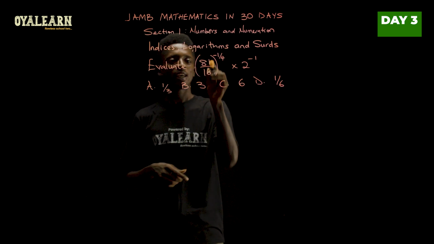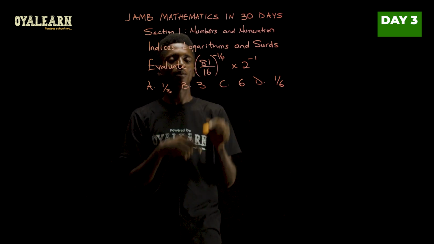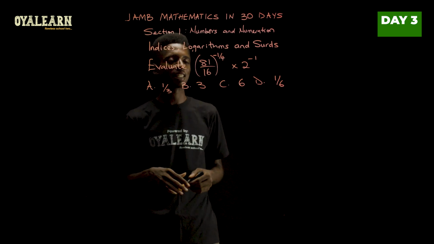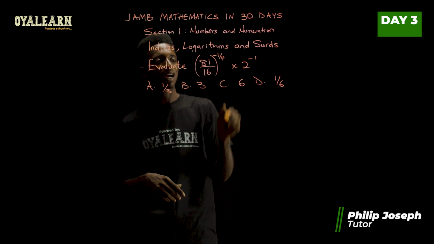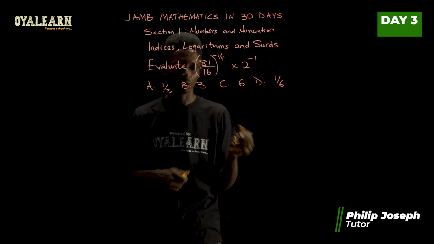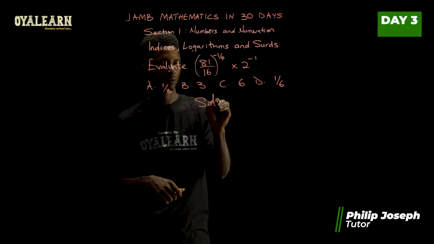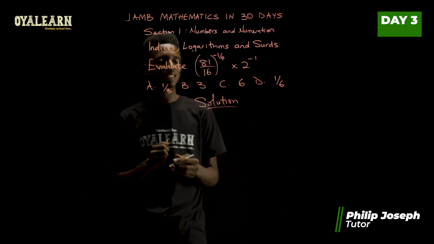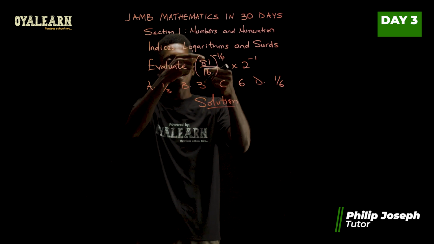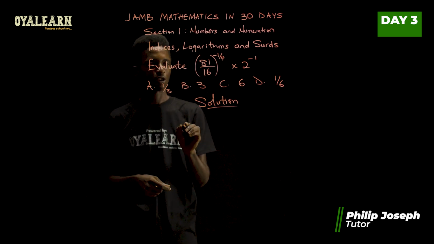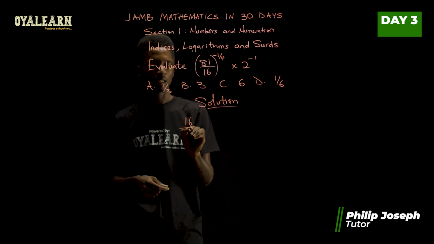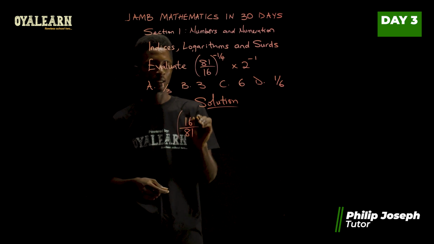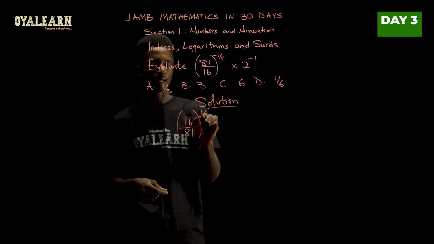Let's evaluate 81 over 16 all in bracket with the power of negative 1 over 4 multiplied by 2 with the power of negative 1. Now, we can convert this negative index to positive index by just flipping our fraction. So we would have 16 over 81, now power of 1 over 4.